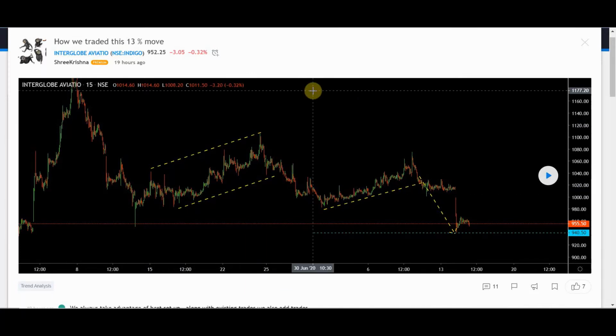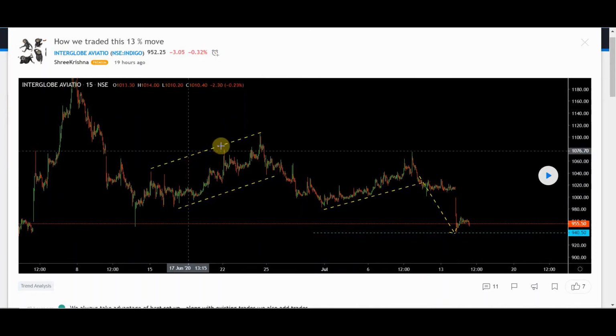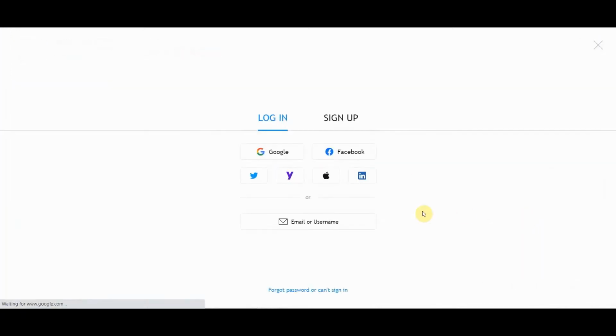He has told the details of his strategies to share his ideas with others. By clicking the play button, we can see how the stock has moved. To know the details, we have to log into TradingView.